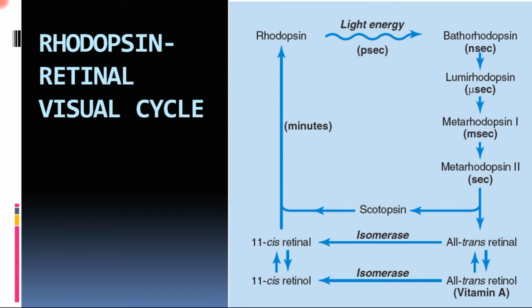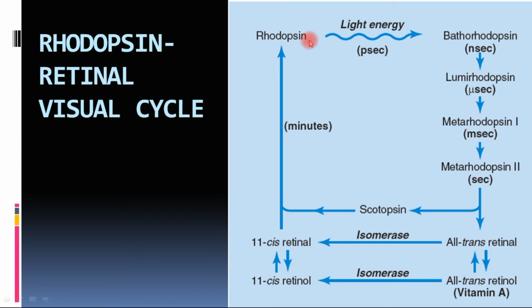Now let us see how rhodopsin is activated by light, and its visual cycle. Let us see how rhodopsin converts light energy into electrical energy, which is then converted into an action potential and sent to the brain. The rhodopsin is present on the disc-like cell membrane of the rods.